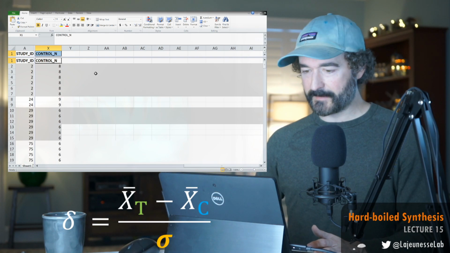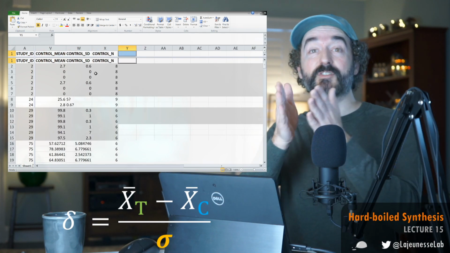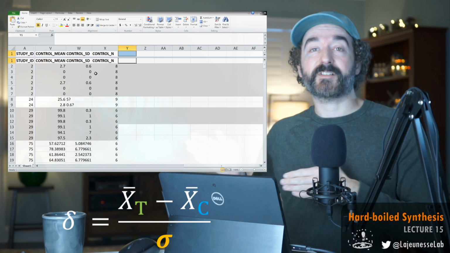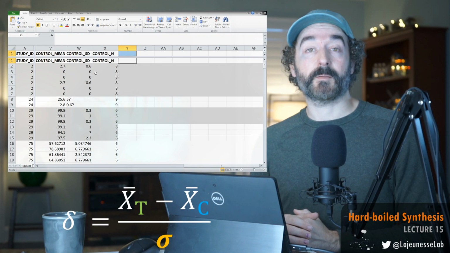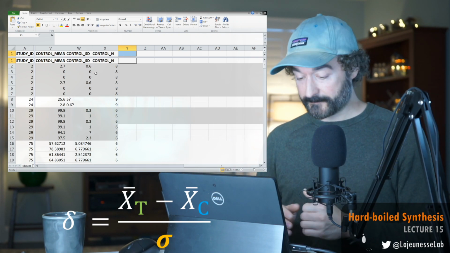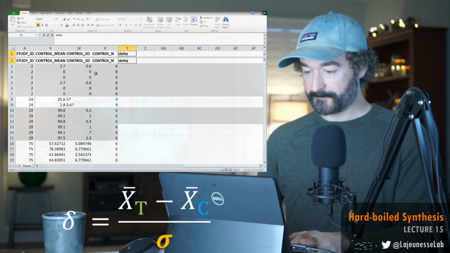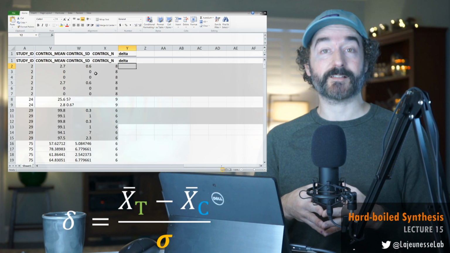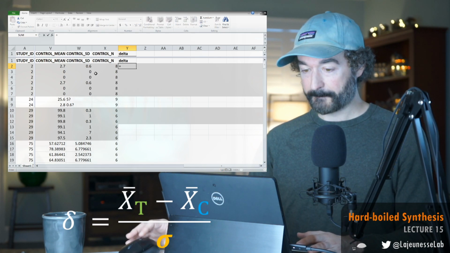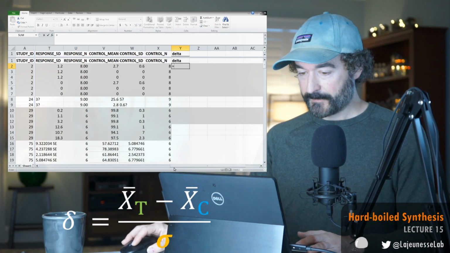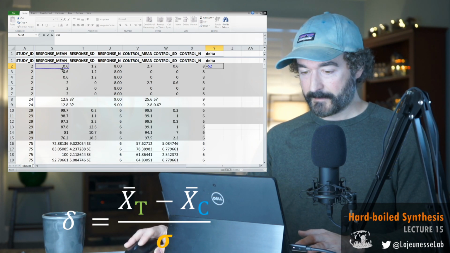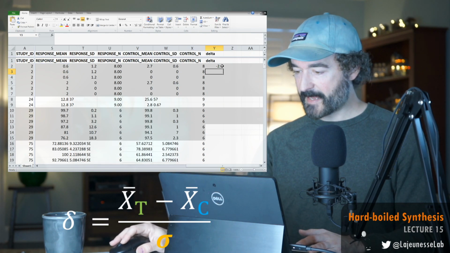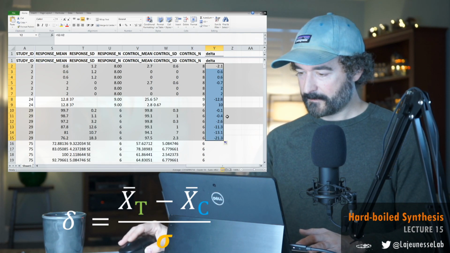Okay, so the goal now is to start computing these effects. I'm just going to do it little chunk by little chunk so that you see what gets calculated with each level in the effect size estimation. So first thing we want is the delta, which is just the difference between the means reported in the study, right? So we want response mean minus control mean. So that is the delta.